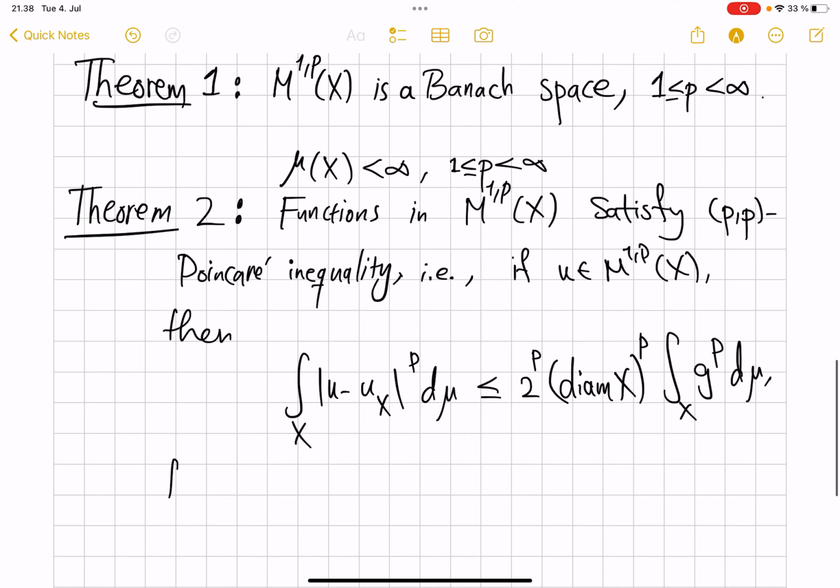For every g, remember, g bigger than or equal to 0, that is a Hajlasz gradient.